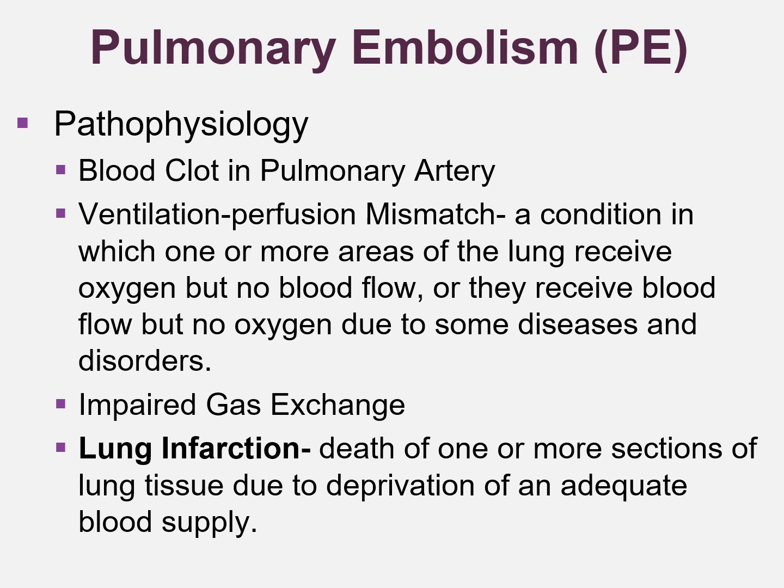So these patients will receive blood flow but no oxygen due to some disease process or disorder. A lung infarction is death of one or more sections of the lung tissue due to deprivation of an adequate blood supply.